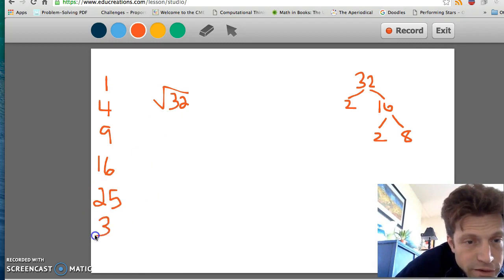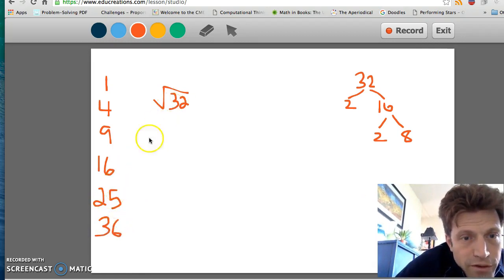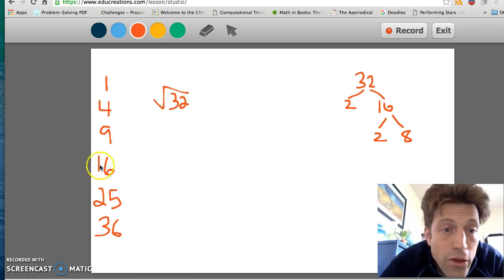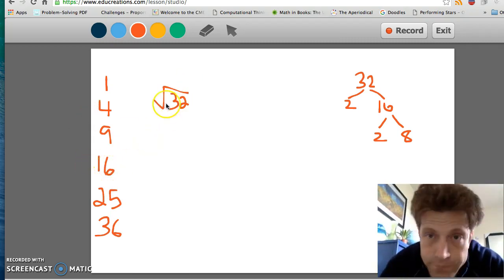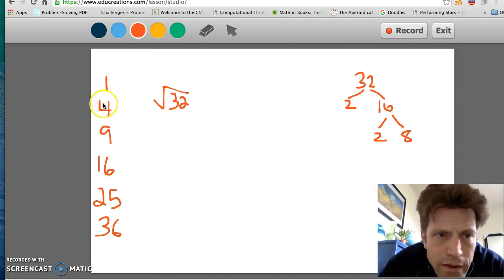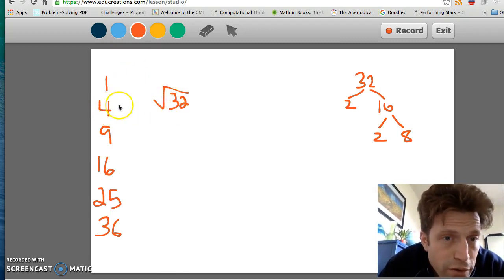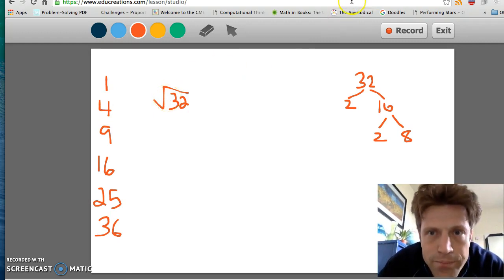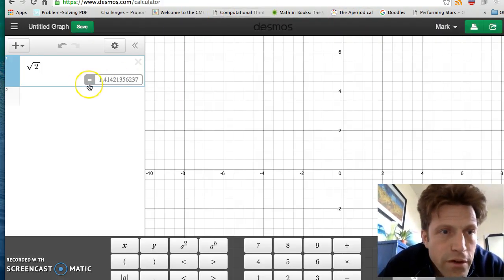All right, 36 is too big. 25 is smaller than 32, but it doesn't go in evenly. But 16, does that go in evenly? And if it does, well, then that's going to help me. Because 4 goes into it also, but if I take out 4, I'll have to take out 4 again later. So let me check if 16 goes into 32.